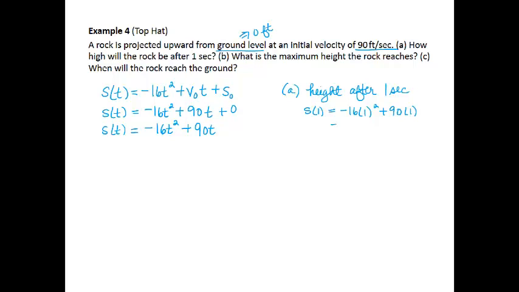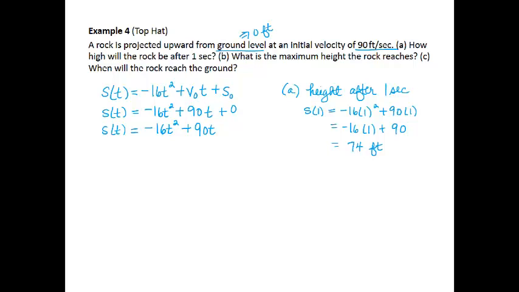Simplifying this expression gives us negative 16 times 1 plus 90, which is negative 16 plus 90, or 74. So after 1 second, the rock is 74 feet above the ground.